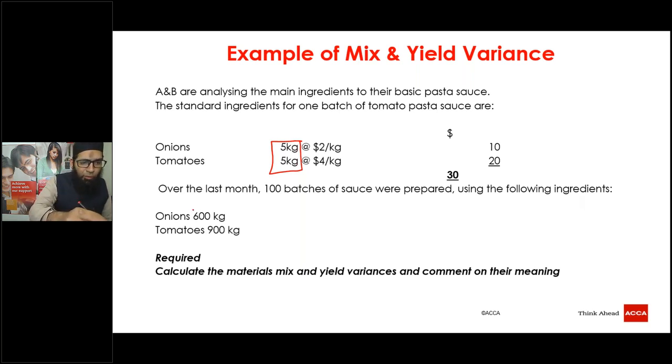We have been provided with the actual usage, but this is for 100 batches. That means in actual, per batch consumes 6 kg of onion and 9 kg of tomatoes.